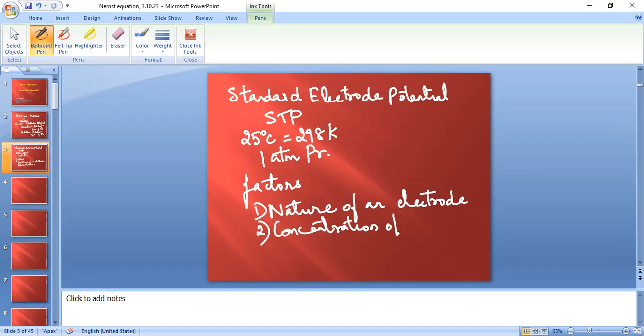The next one is temperature. And the last one is pH. These are the important factors which decide the strength of the electrode potential that each metal possesses.